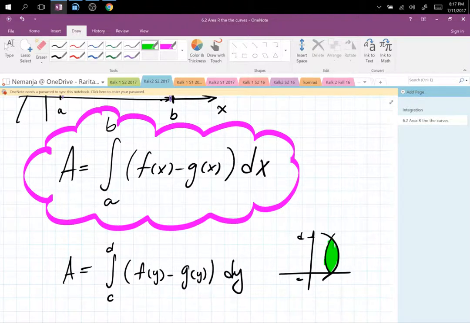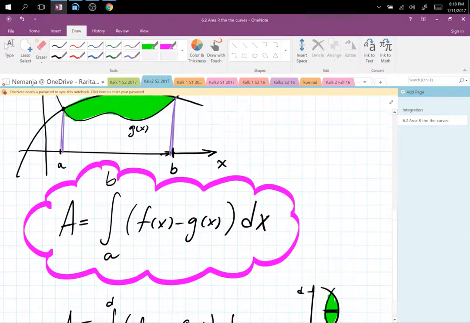Now, we use the representative rectangle to determine which of the two, dx or dy, is the appropriate one for the problem.